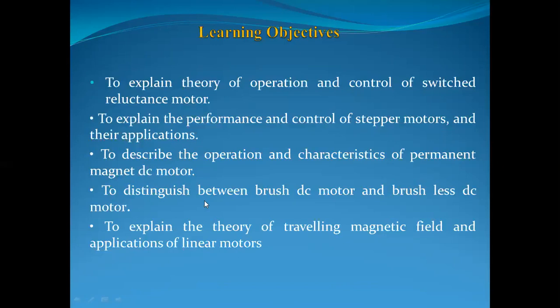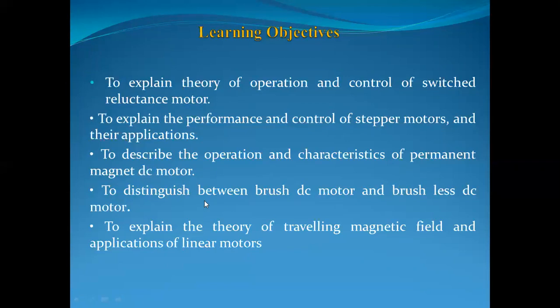Next, explain the performance and control of stepper motors and their applications. Most of the time we observe what type of applications these particular machines have and in which area. That is very important.